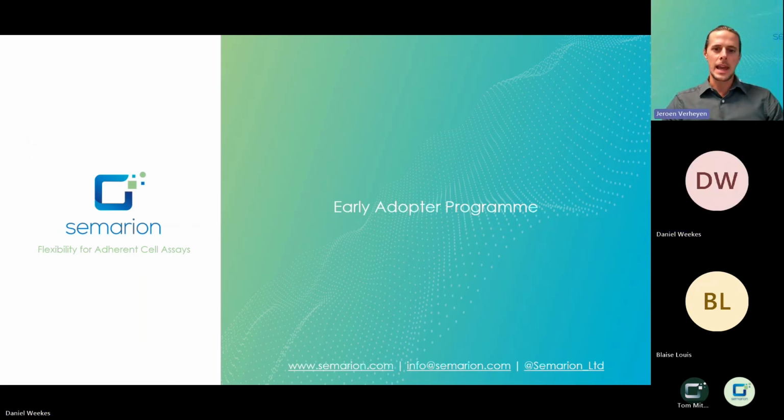Thank you, Dan. Thank you, Blaise. For the last couple of minutes, I will talk a bit about our early adopter program. We've recently launched our SemaCyte products, our starter kits, and we're giving access to these materials initially mainly through our early adopter program.